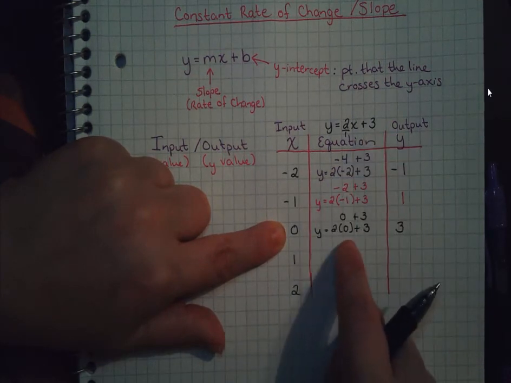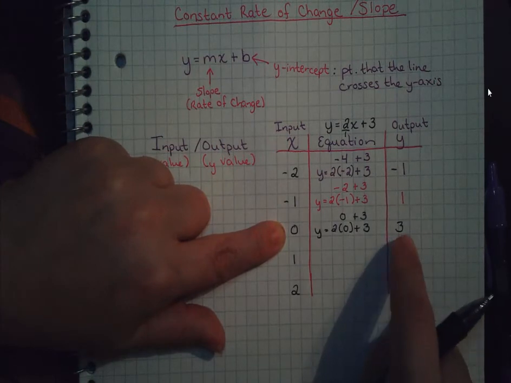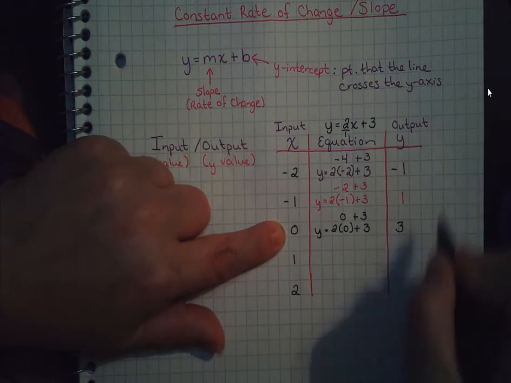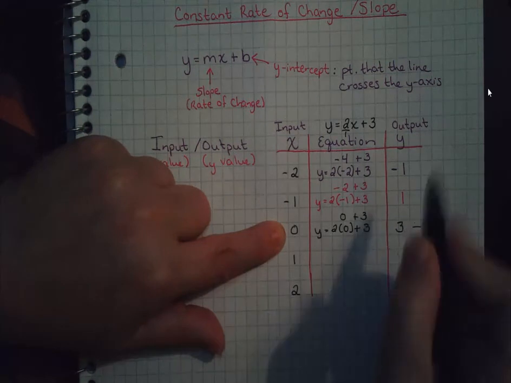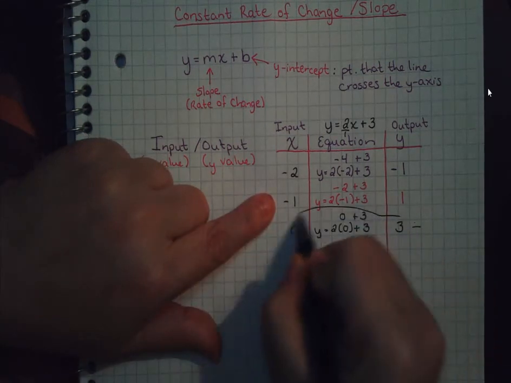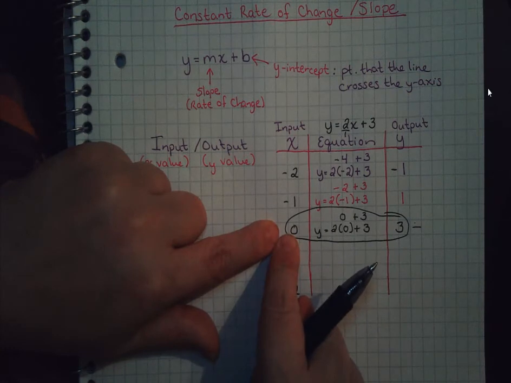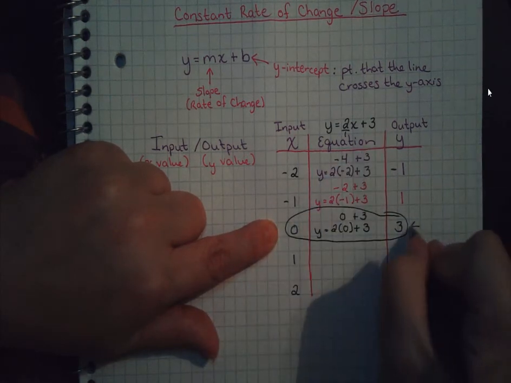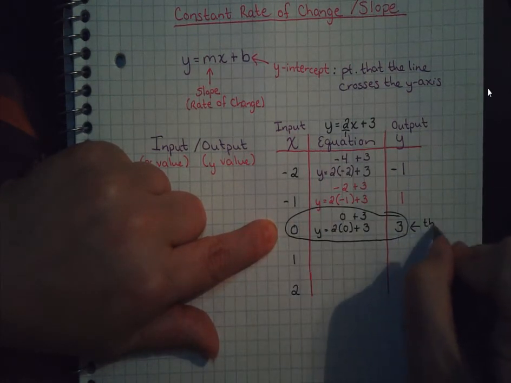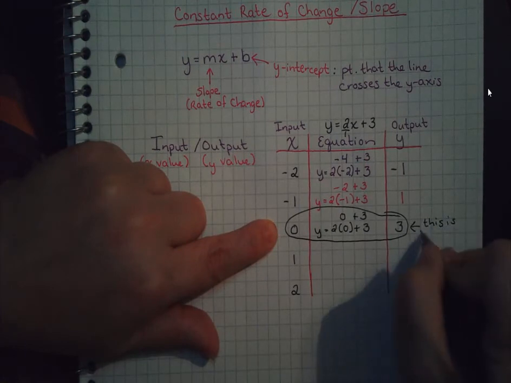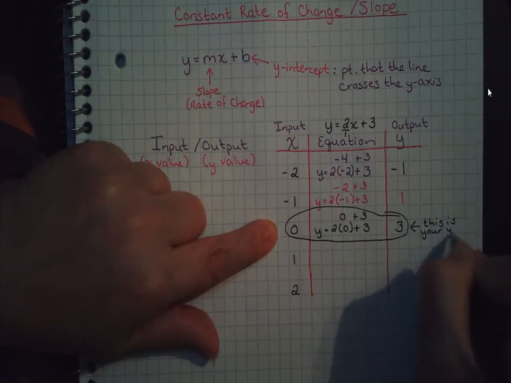But if you plug it in, anytime you plug in 0, the output will always be where it crosses the y-axis. Okay, so this right here, anytime x is 0, when we're talking about lines, this is your y-intercept.